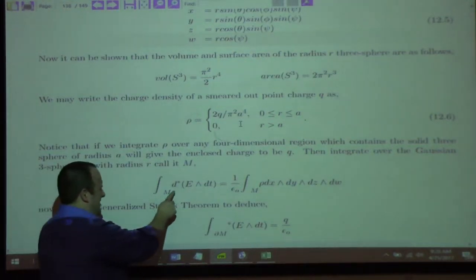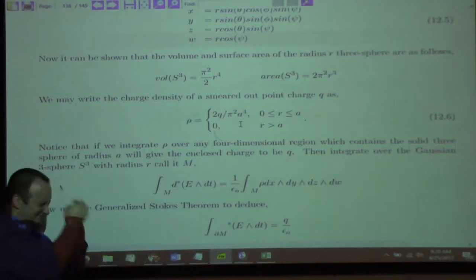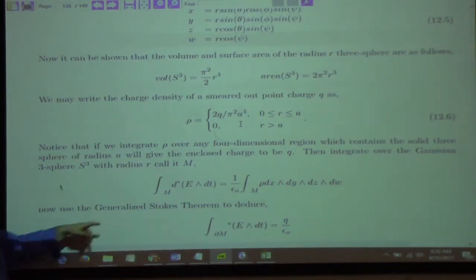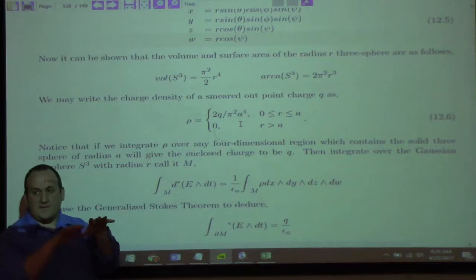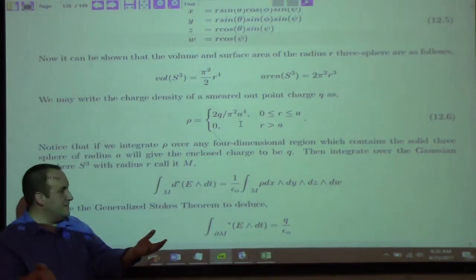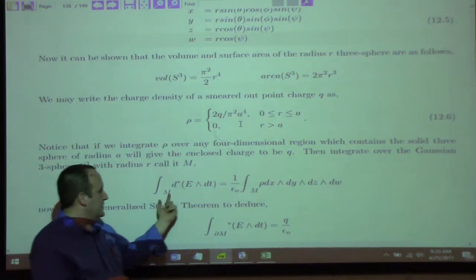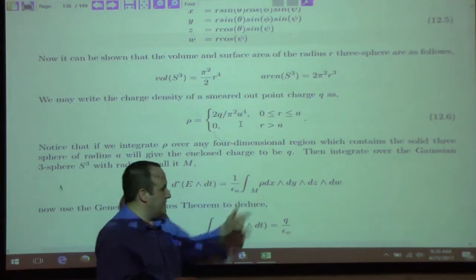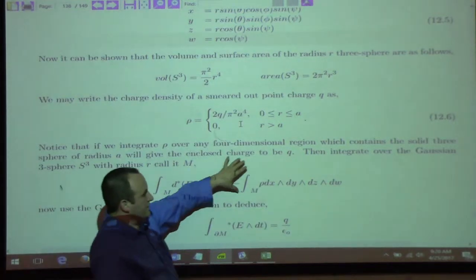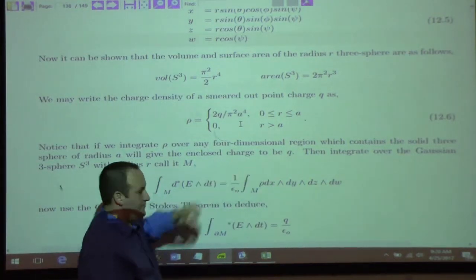The Hodge dual of a 2-form is a 3-form. So this is a volume. I'm integrating it over the surface volume of a 4-dimensional sphere. And so that, by basically Gauss's equation, gives us the charge enclosed in this 4-volume.